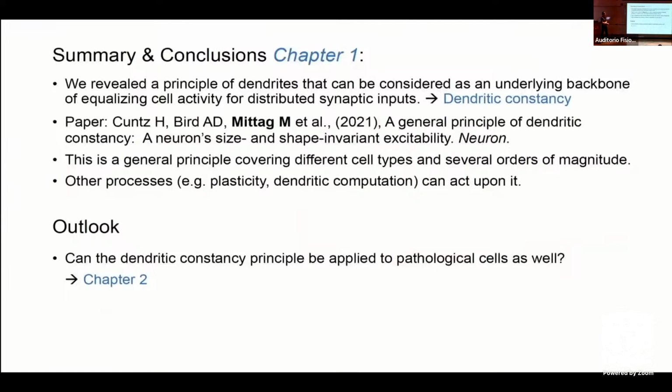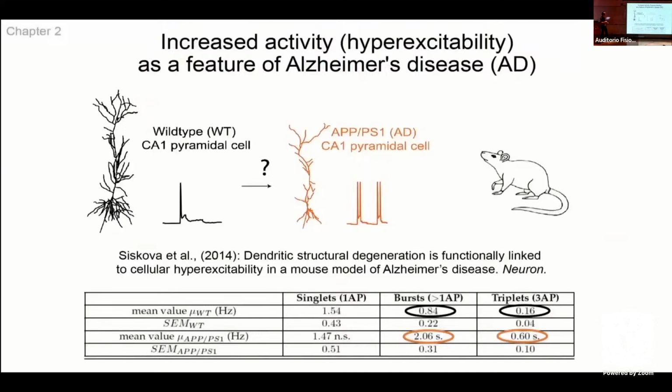So with this kind of general principle in mind, we were asking ourselves if this could also be applied to pathological cells, where you have a change in the size of the cells due to pathology. And this is what we investigated in the second chapter. The topic of the second chapter is the increased excitability that you can observe in Alzheimer's cells.